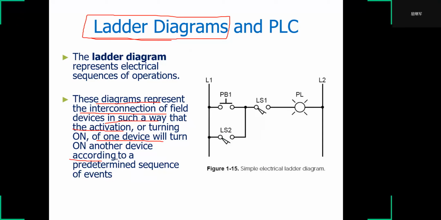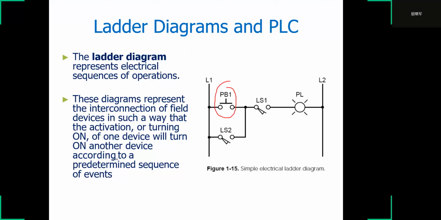This is a simple electrical ladder diagram. From this diagram, we can see if we push this button and this switch is on, the ladder is on.